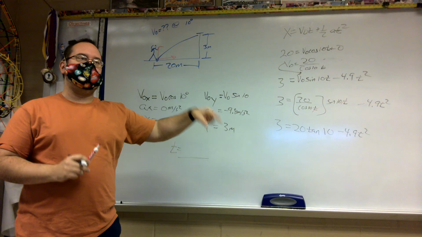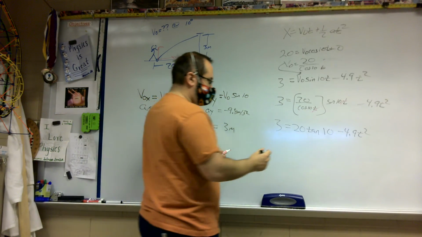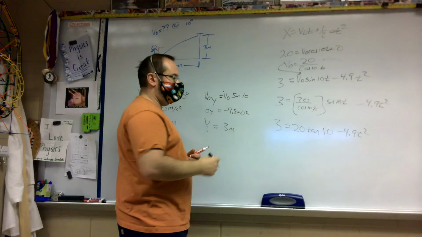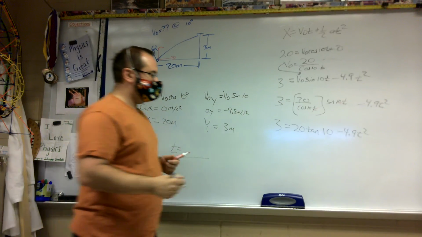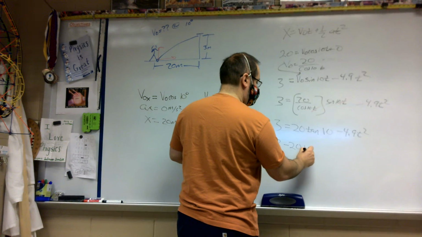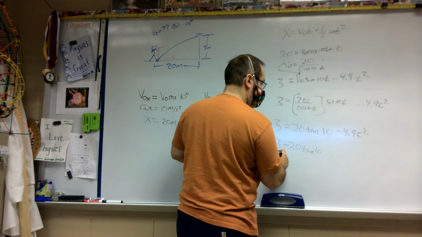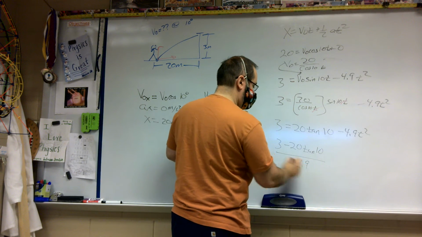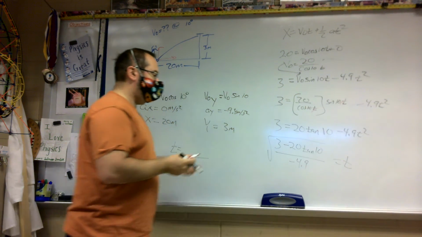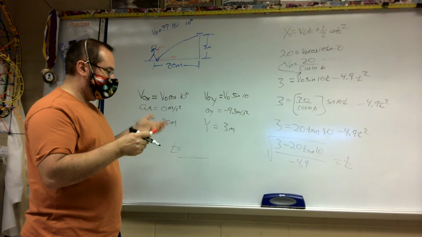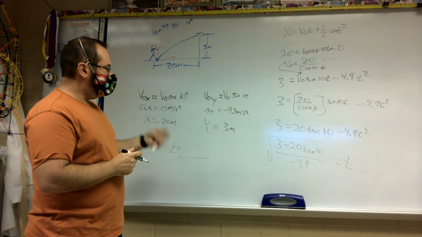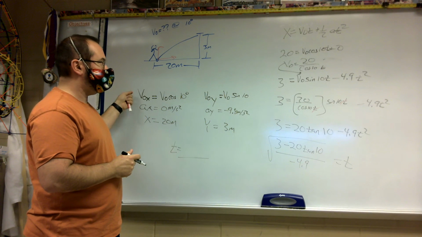You have t squared, one variable. You do have a square there, so you're going to take a square root. You would subtract 20 tangent 10 from both sides, and divide both sides by negative 4.9. So t is equal to the square root of 3 minus 20 tangent 10, over negative 4.9. Once you have t, which you can plug into your calculator, you can use t to find the initial velocity.